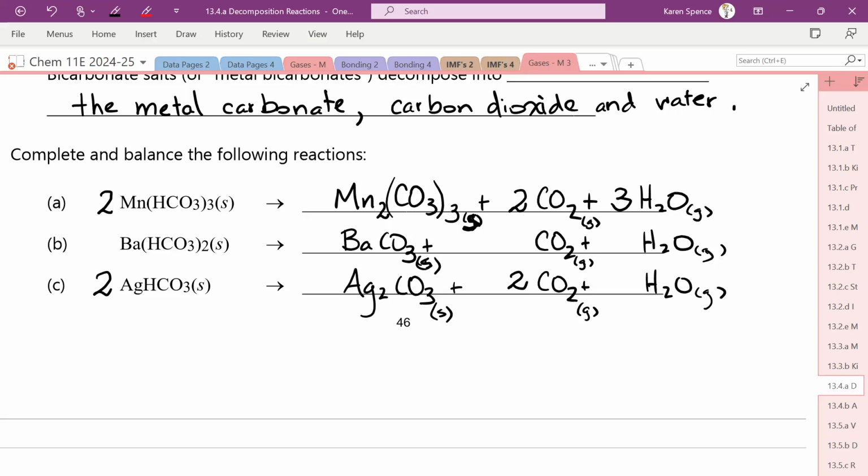Although my carbons don't look good in the first one. Hang on, I'll fix that. I got 3 times 2 is 6.